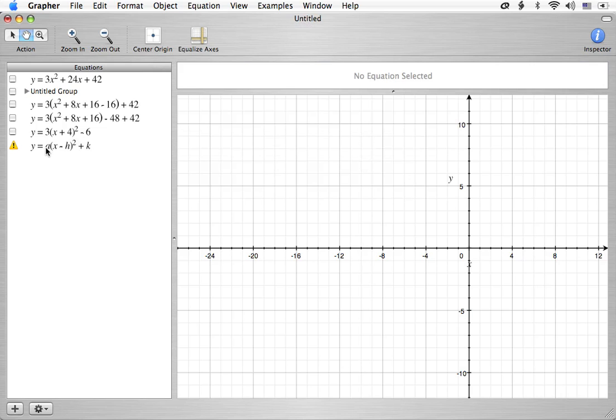We can see that a is going to be 3, and because it's a positive number, we know that the parabola is going to open upward. We also know that h is going to have to be negative 4 to end up with x plus 4 up here, and we can see that k must be negative 6. So our vertex is going to be negative 4, negative 6.